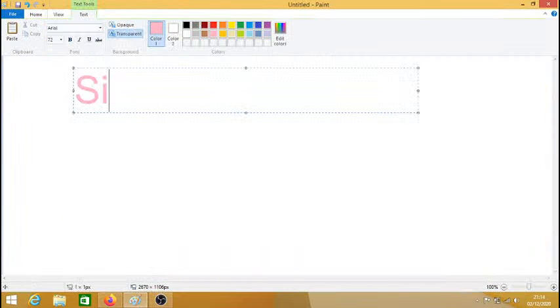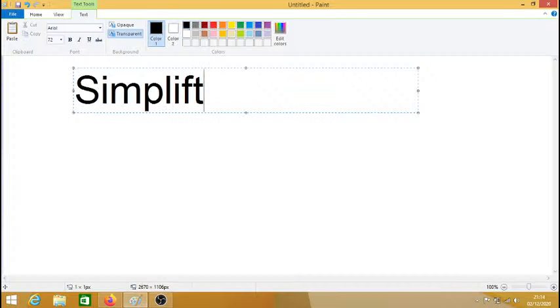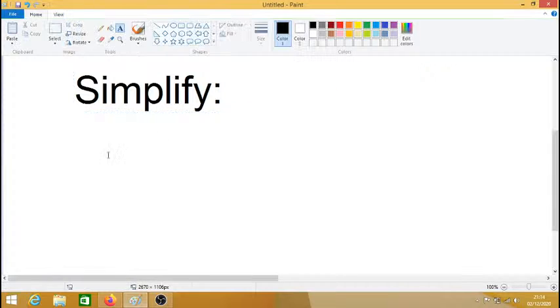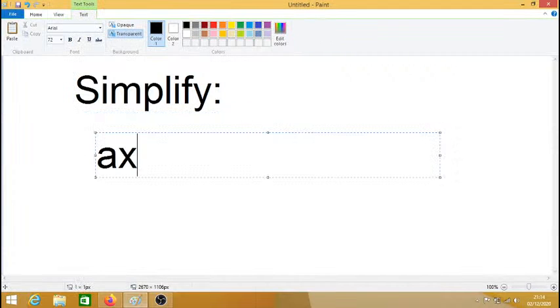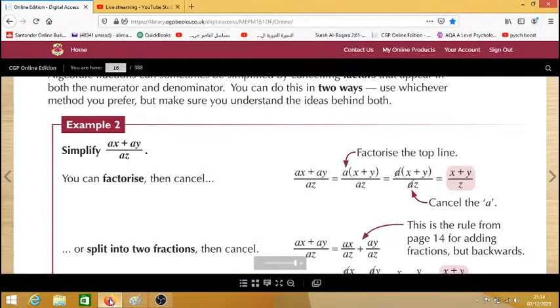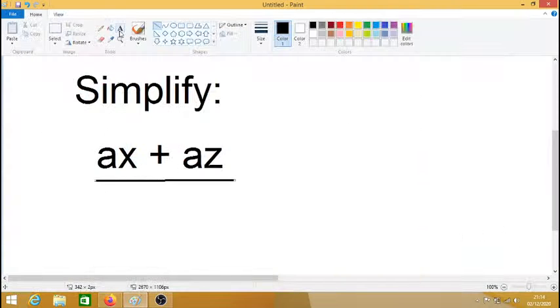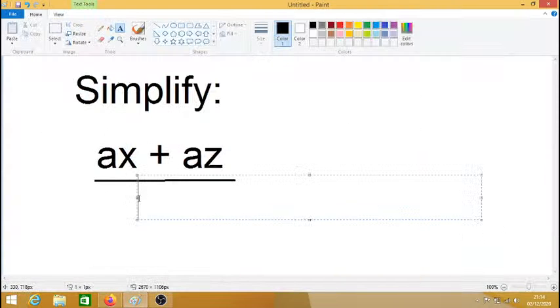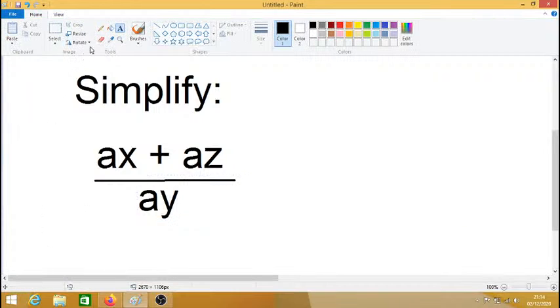So this time you try. I'm probably going to change the pink. Simplify ax plus az divided by ay. I've changed it around a bit, but the principle is the same.